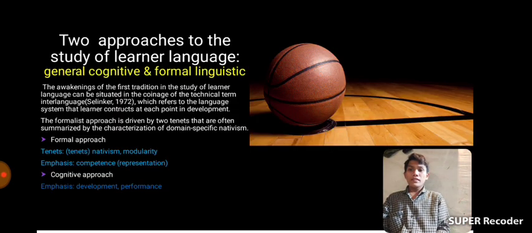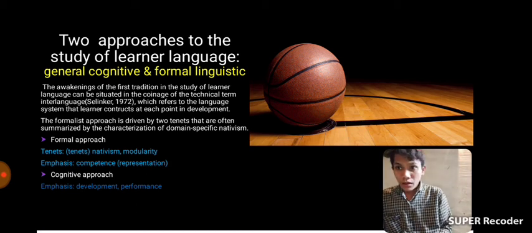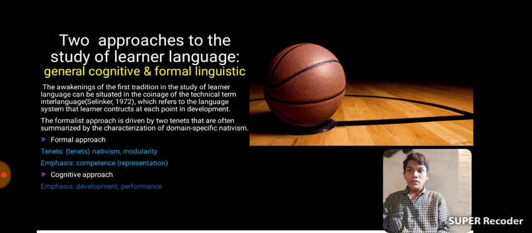Two processes to the study of learner language are general cognitive and formal linguistic. The workings of the first edition in the study of learner language can be stated in the context of the technical term interlanguage, which refers to the language system that the learner constructs at each point in development.